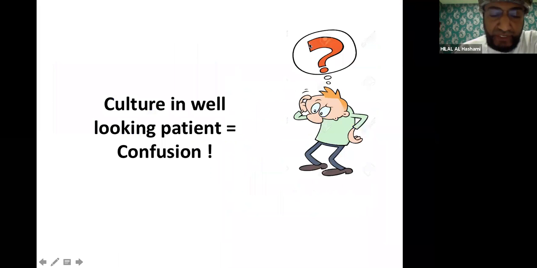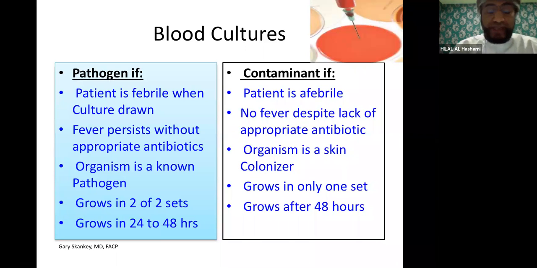Okay, so the culture in a well-looking patient is a bit confusing. Should you start an antibiotic, and if the patient is on an antibiotic, would you continue it or not? For that, I took the three most common cultures: blood culture, sputum, and urine.